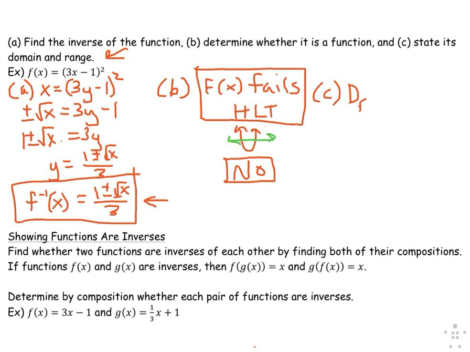So the domain of f of x is the set of reals because it's quadratic and it's vertically opening. And then the range is y greater than or equal to 0. And there were no vertical translations or reflections over the x-axis, so that will not change. Therefore, we could swap the domain and range for the inverse function's domain and range.